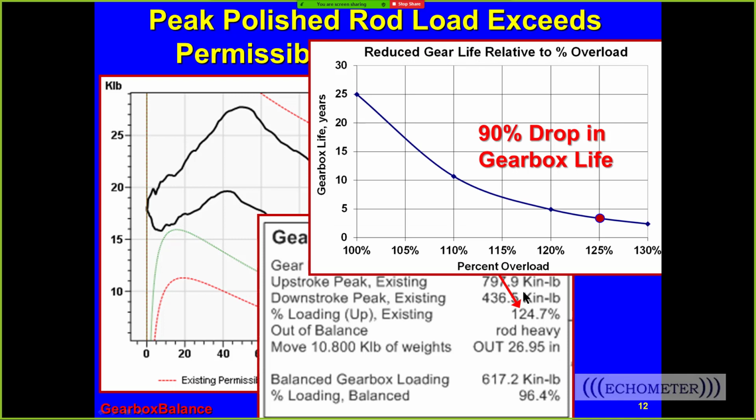Now, since it's 125%, there's a dot right there. And so this operator that has this well, he is causing his gearboxes on this well to fail every 3 years if he doesn't identify the problem and correct it. So we'll talk about this example more. Just due to the overload that we have on this well, it's 790.